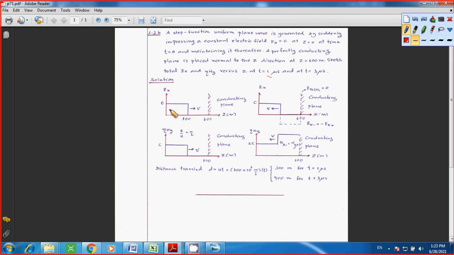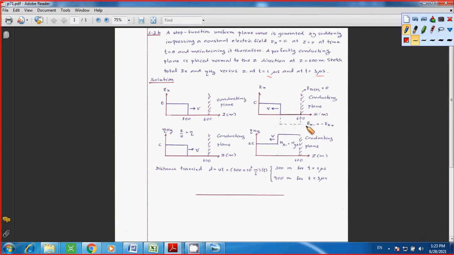So the plot looks like this. And after 3 microseconds have passed, the electric field will reflect from the conducting plane.